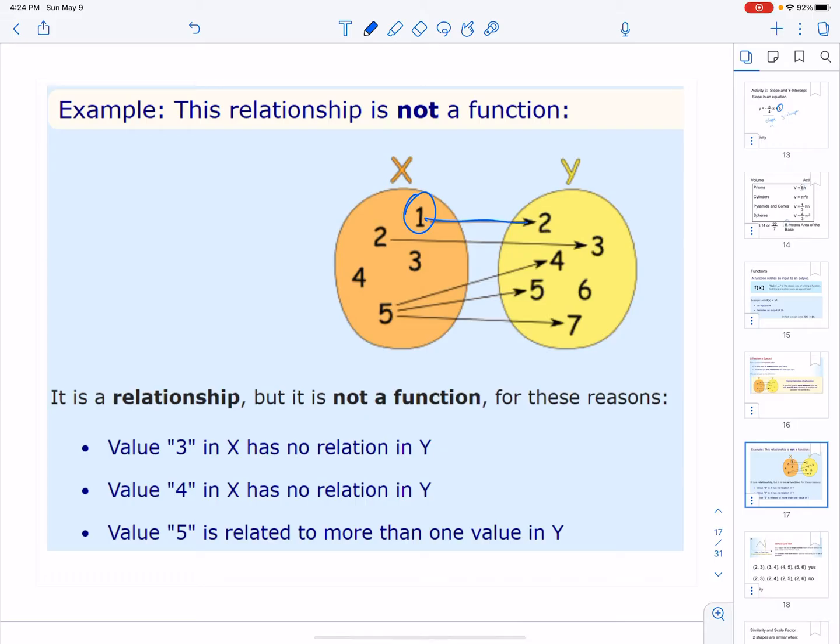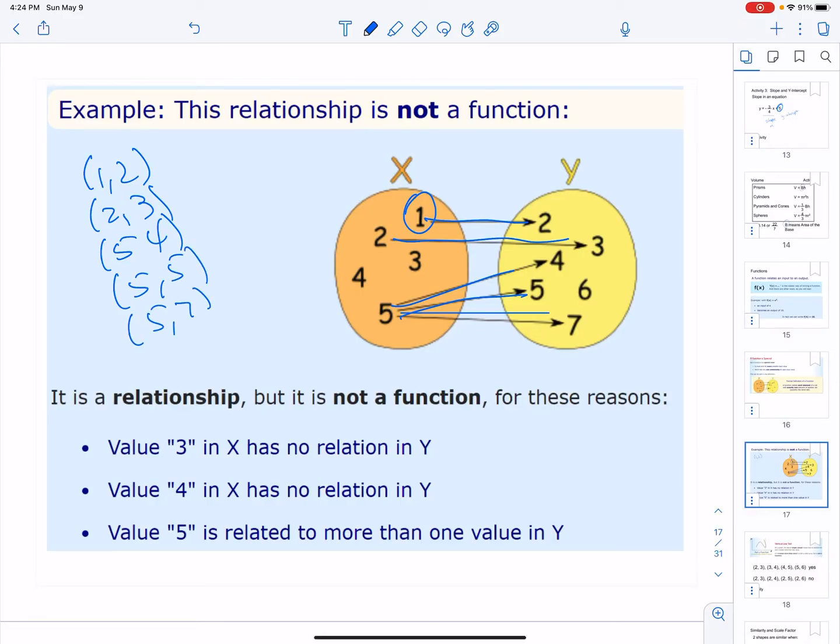So this one's good, but this 5 is bad. Okay, because that's telling me the points of 1, 2, 2, 3, and then it's got 5, 4, 5, 5, and 5, 7. And remember, in a function, x is what's king. If you have any x's that repeat, it's automatically not a function.